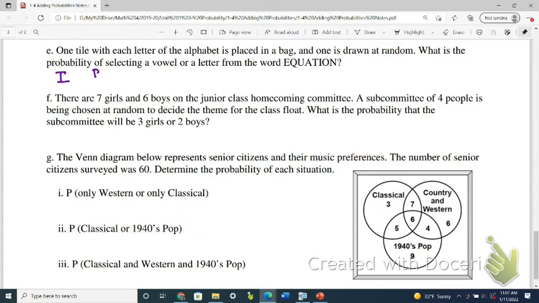So I'm looking for the probability of having a vowel or letter from the word. So that means I'm looking for the probability of having a vowel plus the probability of the letter from the word minus the probability of a vowel from the word.